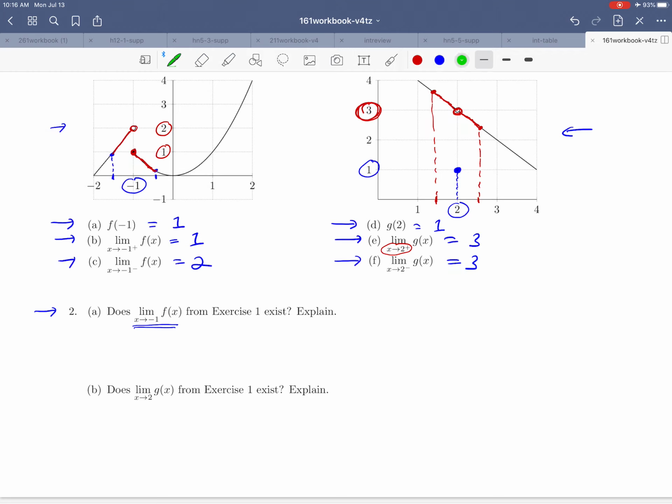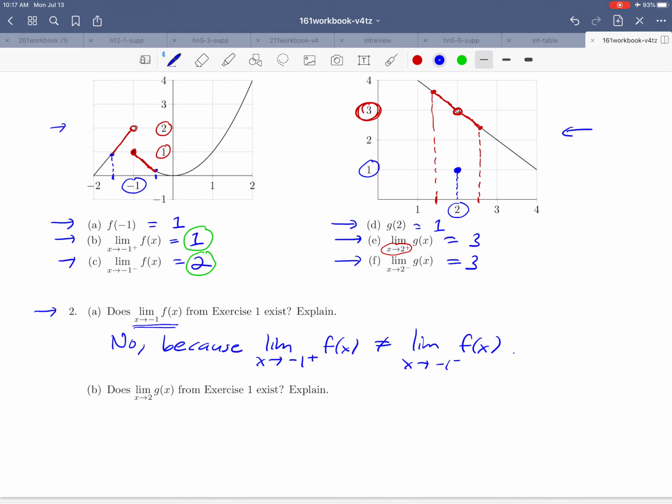Well, notice if you look back up at our answers to 1, we got 1 as we approach -1 from the right, and we got 2 if we approach it from the left. Those numbers are not the same, which means that this limit does not exist. Okay, the limit from the right is not the same number as the limit from the left. We got 1 from one direction, we got 2 from the other.